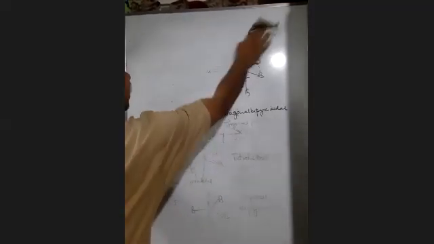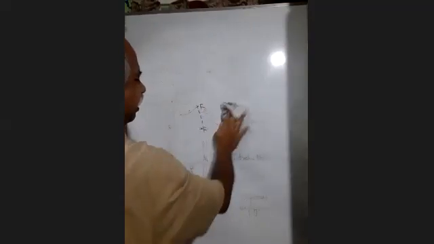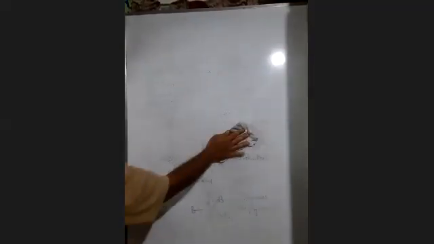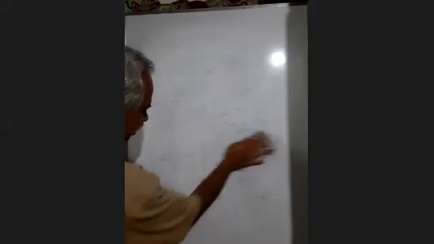So now I'll go to group 18. What are the elements there?